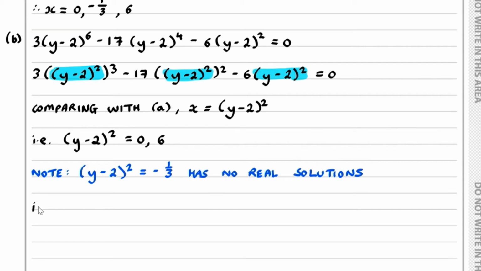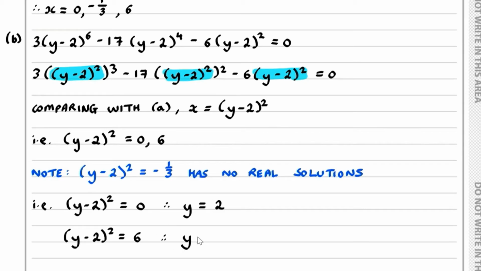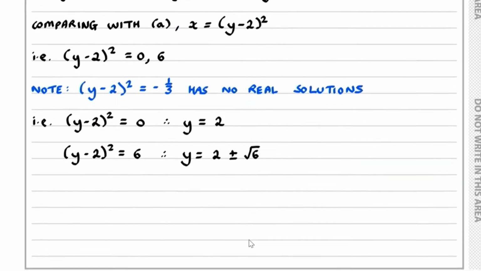And so, we have y minus 2 all squared equals 0, from which we can see y is equal to 2, or we've got y minus 2 all squared equals 6, and if you square root and then add 2, we can conclude y is equal to 2 plus minus square root 6.